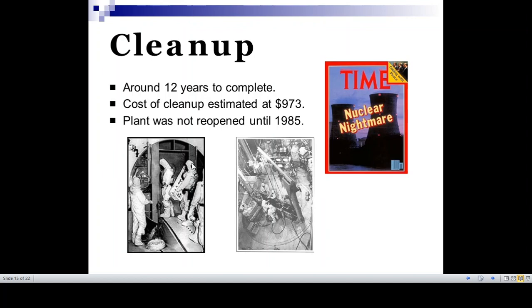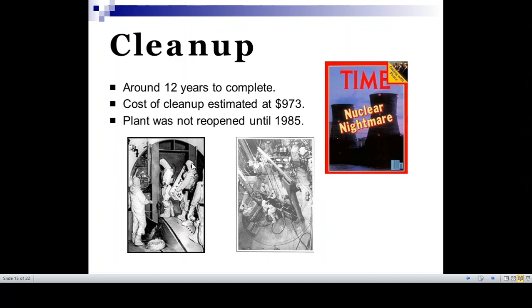Of course, there were later on cleanup process started, but this cleanup process is not that easy to be carried out. Reason was because किसी भी reactor को ठंडा होने में या फिर किसी भी रिएक्टर को नॉर्मलाइज होने में बहुत ज़्यादा साल लग जाते हैं, and it was one of the biggest nuclear reactors of United States of America.